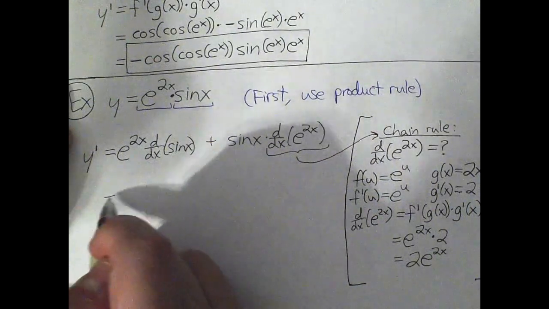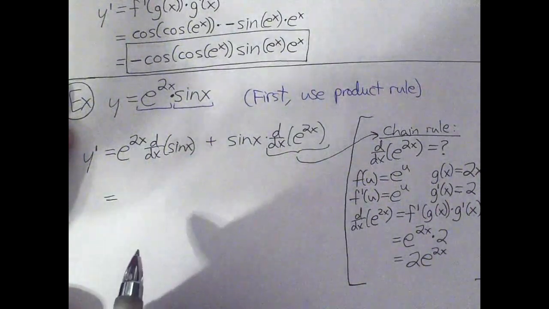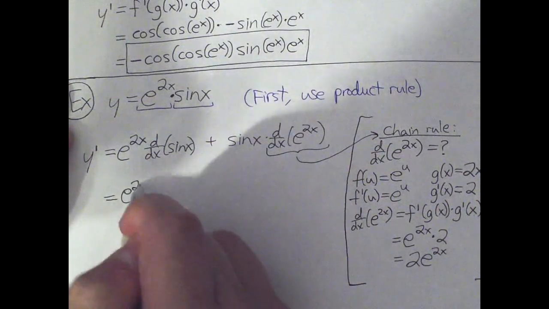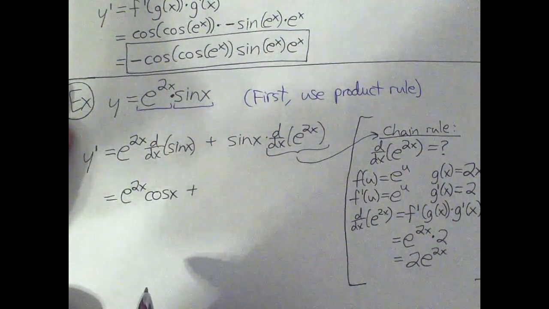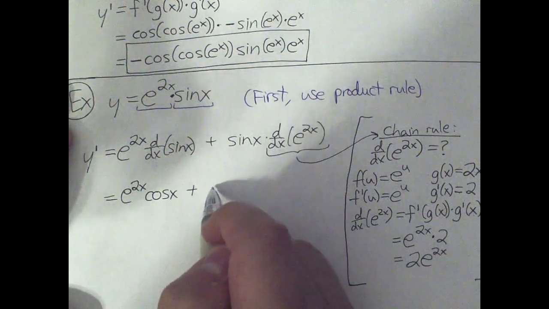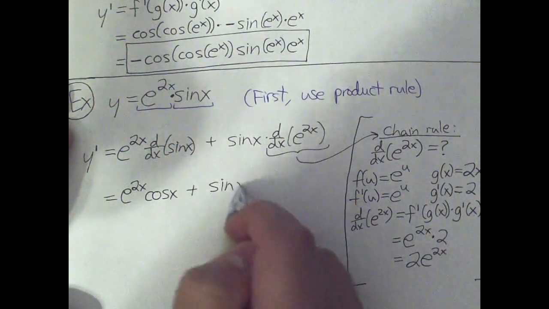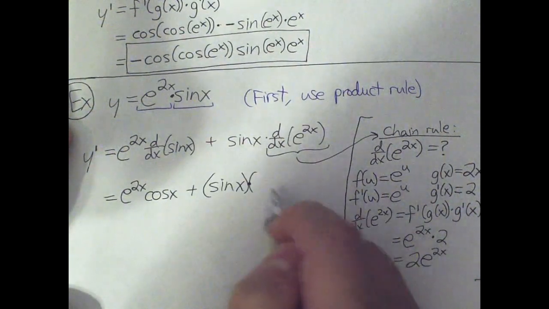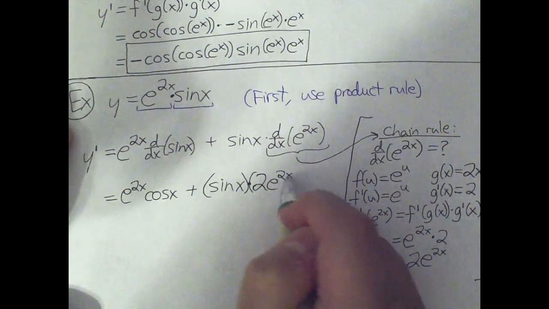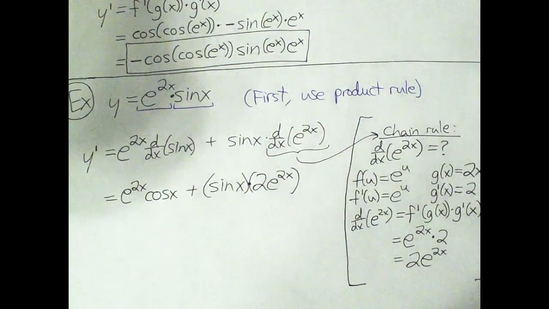So let's continue with the main part of the problem. We have e to the 2x cosine x plus sine x times, let's put parentheses here, times 2e to the 2x. What do you think? Do you see any way that we could rewrite this a little bit nicer?